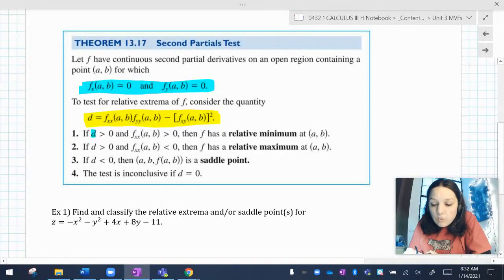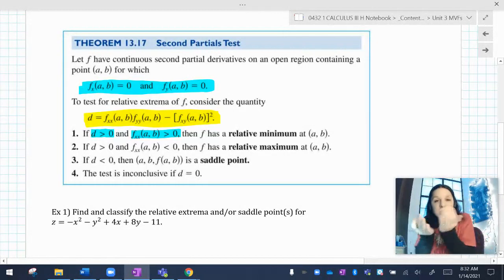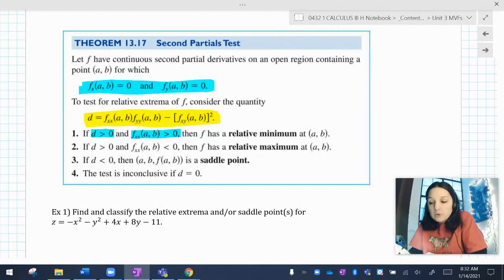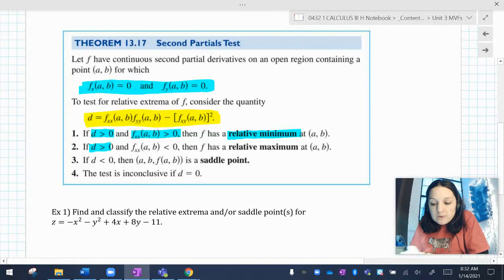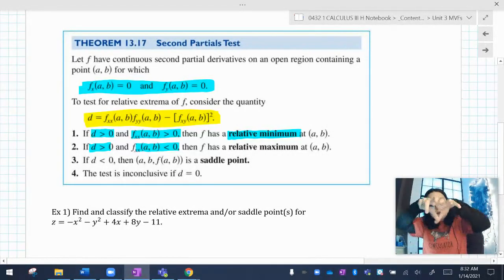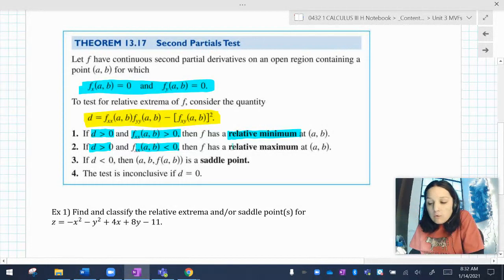If D is greater than 0 and f sub xx is greater than 0 also, we consider that we have a concave up multivariable surface giving us a min. If D is greater than 0, but f sub xx is less than 0, then we consider that it's concave down and we have a max.